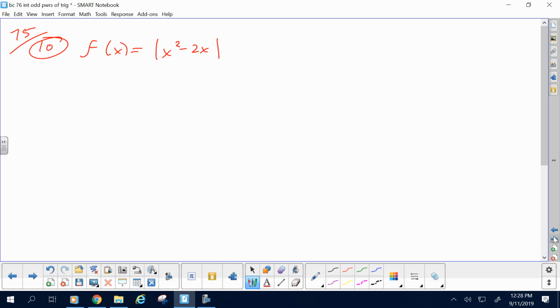Okay, |x² − 2x| on the interval [-2, 3]. Do you read this as absolute extrema or relative? Absolute. Absolute extrema must be at endpoints or critical points. And critical points are where f prime is 0 or undefined. Do you agree?